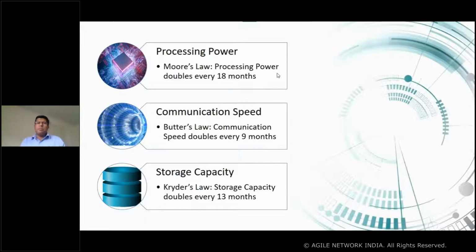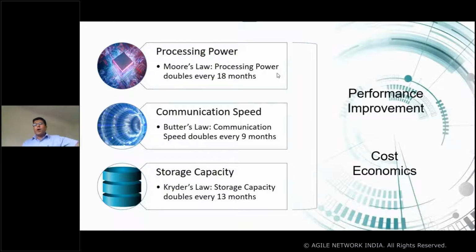Now, these months can be plus or minus 2, 3 here and there. The point we are trying to discuss is that processing power, communication speed, and storage capacity are the three basic things which are growing exponentially and not linearly, right? So what is happening because of this? This is giving rise to performance improvement and cost economics, which are a competitive advantage for any company, and it is improving exponentially.